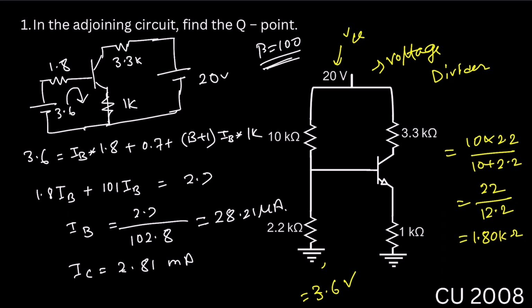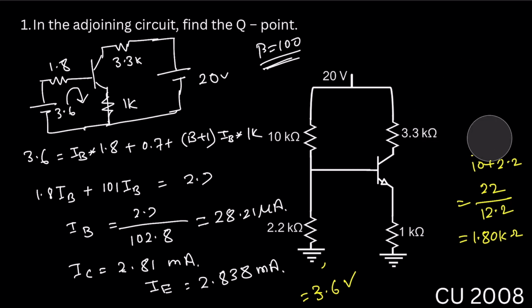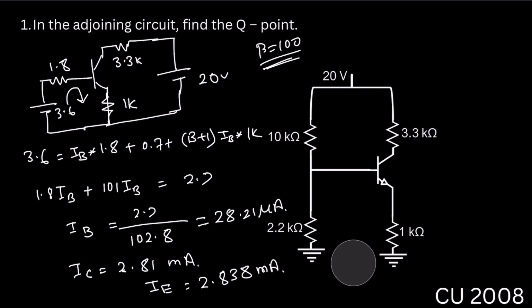Okay, so IC will be 2.81 milliampere. Okay, as IC is 2.81 milliampere, then IE will be 2.81 milliampere plus 28.21 microampere. So we can write down 2.838 milliampere. Now apply KVL at the output loop.